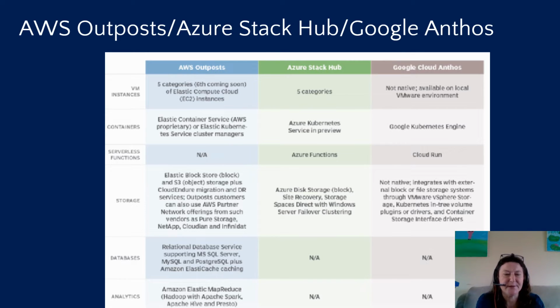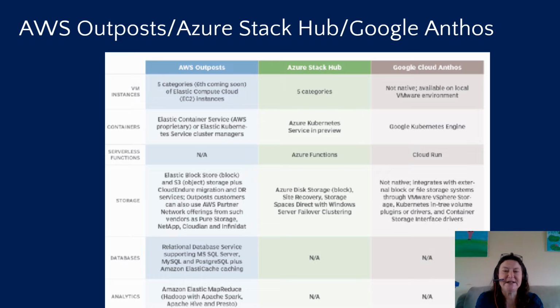Some of the database options can be on premise, and some of the analytics like EMR, Hadoop and Apache Spark are available. So AWS is way out in front. The only thing that really isn't available there is things like Lambda functions and Fargate. You can do things like Kubernetes on premise, even though that's not listed here.